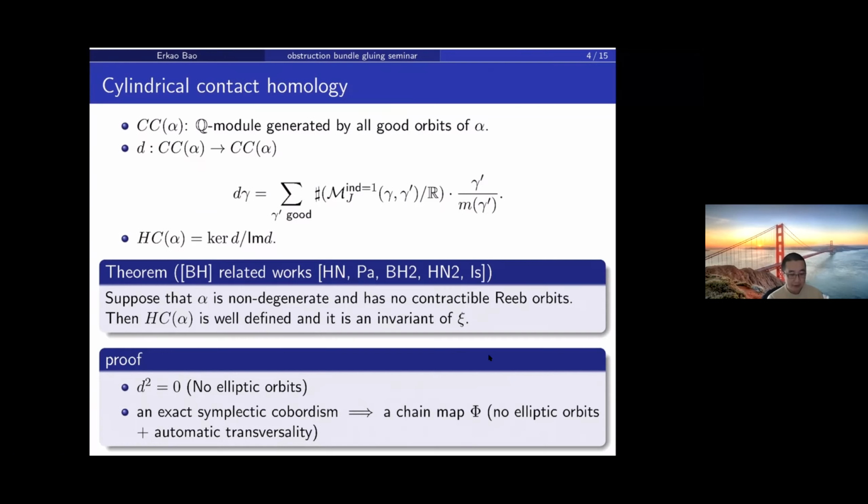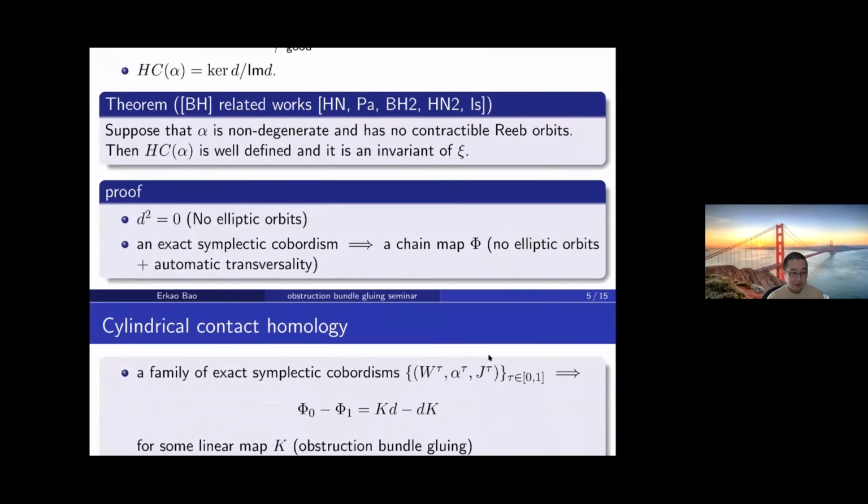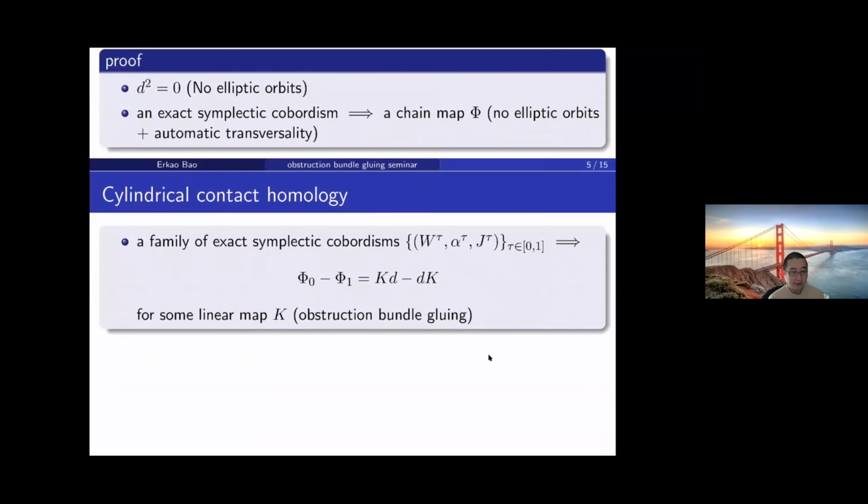So first, let's look at d squared equals 0. D squared equals 0 roughly because there's no elliptic orbit. For example, let me draw a picture.